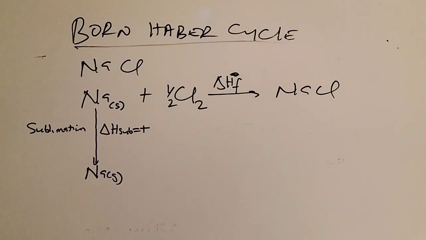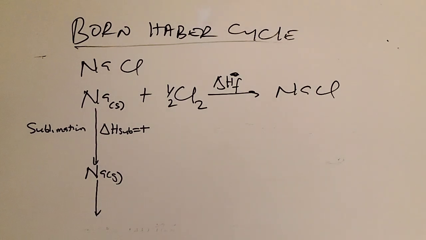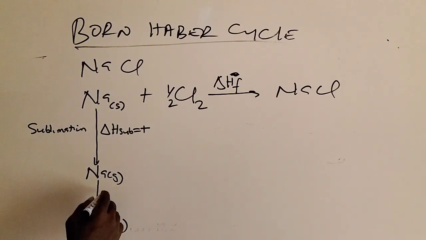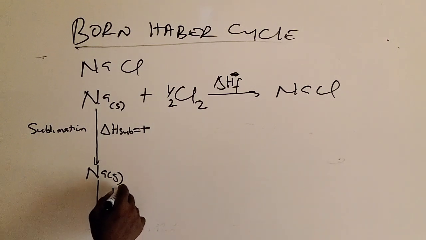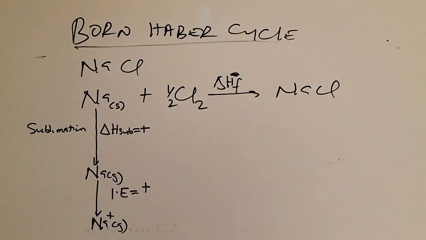The next stage the metal undergoes is ionization, after it has lost electrons. When it loses an electron, it forms a sodium ion in the gaseous phase. It needs the ionization energy, which is also a positive enthalpy. So in the Born-Haber cycle, the metal undergoes 2 stages: number 1, sublimation; number 2, ionization.